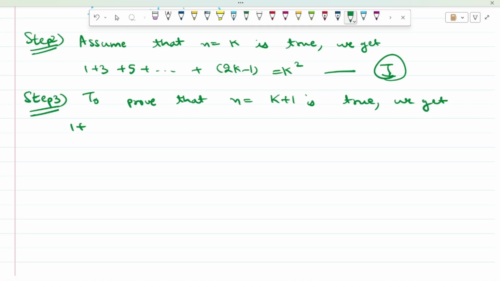We get 1, 3, 5, so on, 2k minus 1, 2k plus 1 is k plus 1 whole square. Let's start with this.